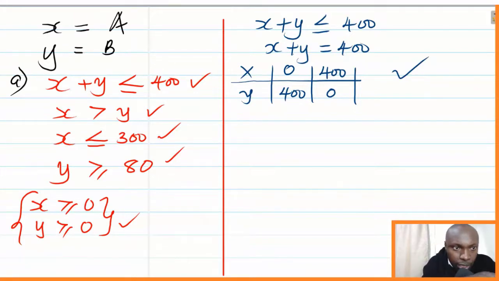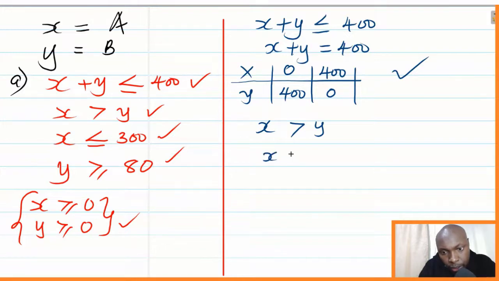Then for the other inequality, that is x is greater than y, the line that you're going to draw is x equals y. Then we have the other line here, which is x is less than or equal to 300.